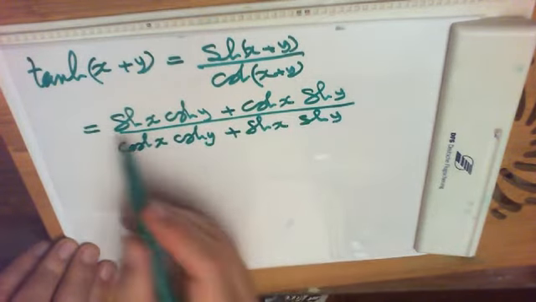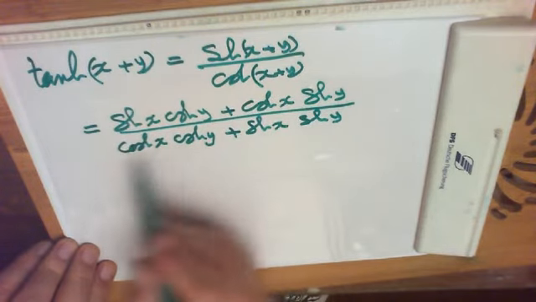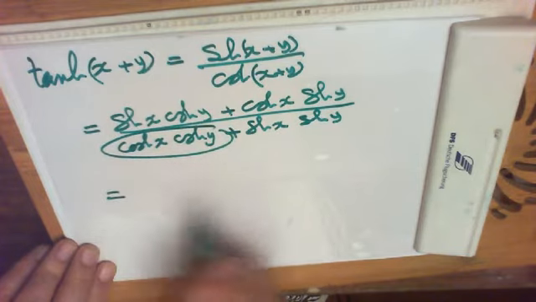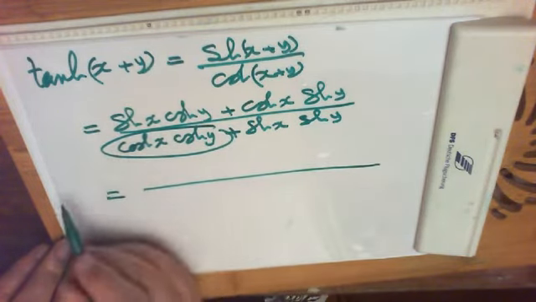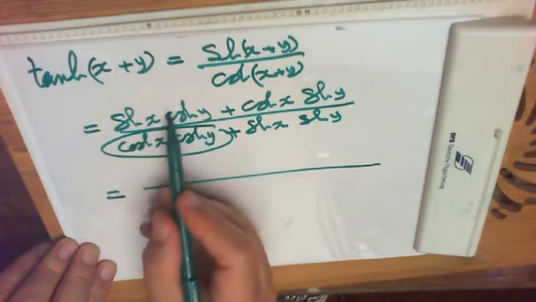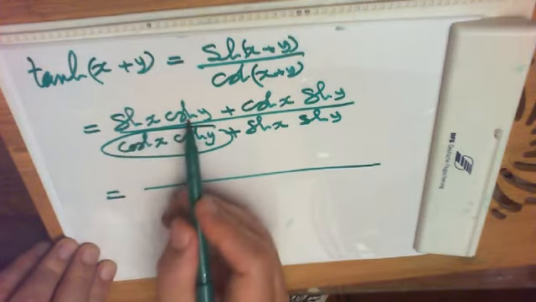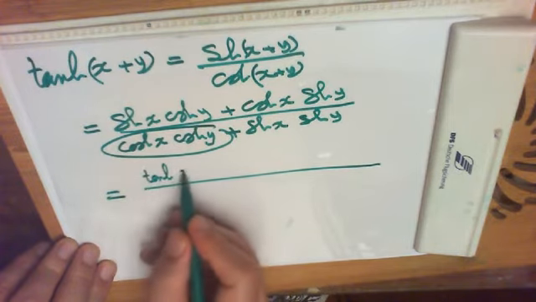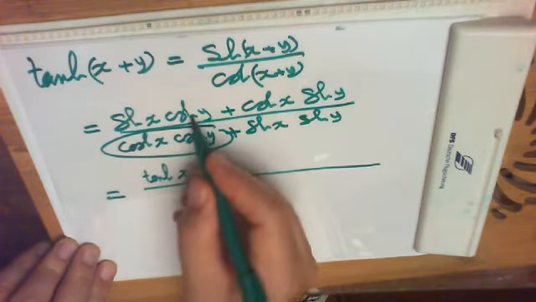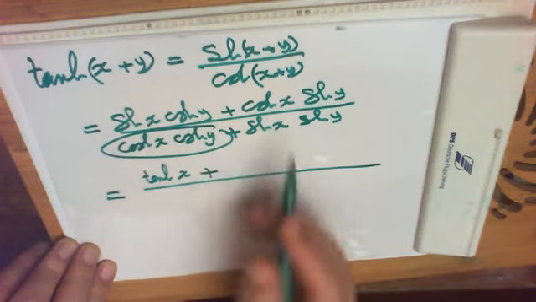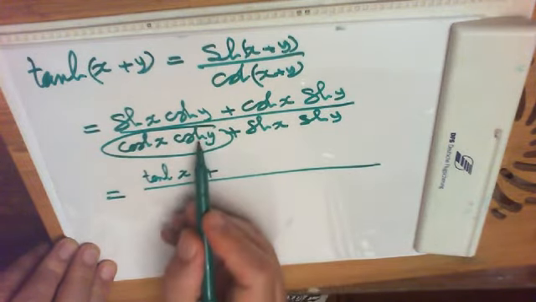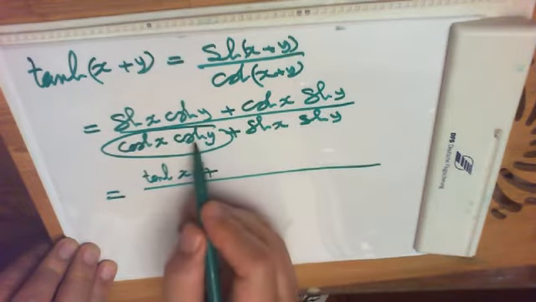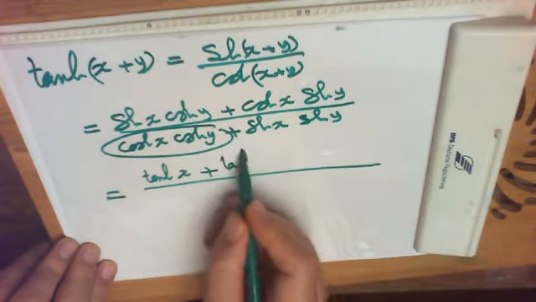Divide both numerator and denominator by cosine x cosine y. So in the numerator we will have sine x cosine y divided by cosine x cosine y, so we have tan x, plus we divide the other term by cosine x cosine y, so cosines cancel and we have sine y divided by cosine y, which is tan y.